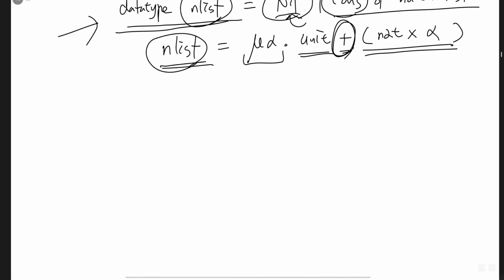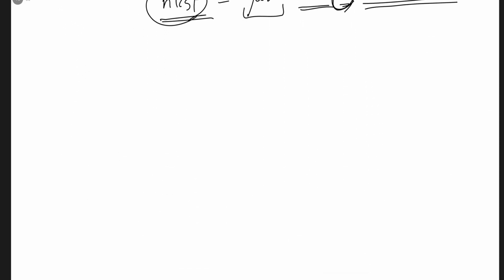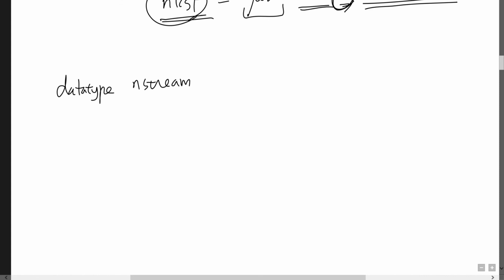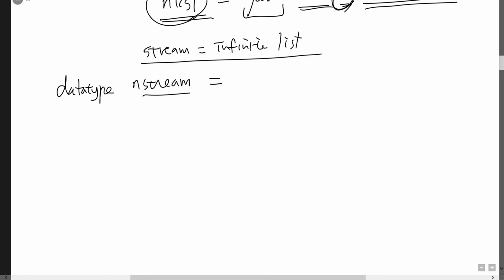So for instance, we have this recursive data type, natural number stream. Stream is basically an infinite list. But you cannot actually store this infinite list in memory because you are going to run out of memory.